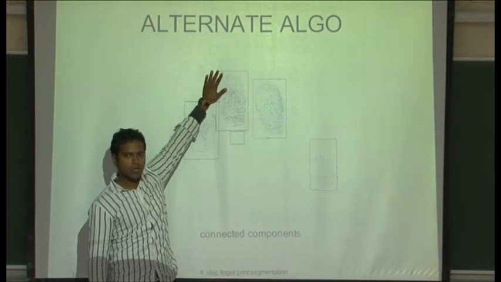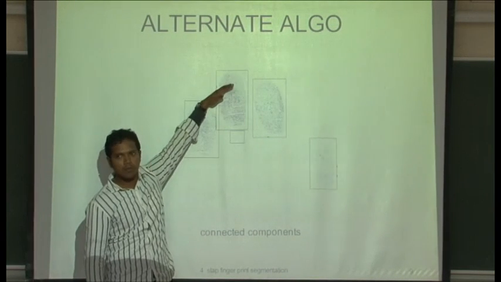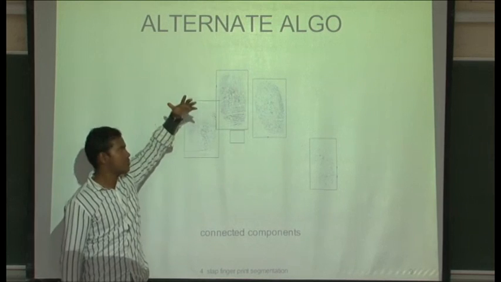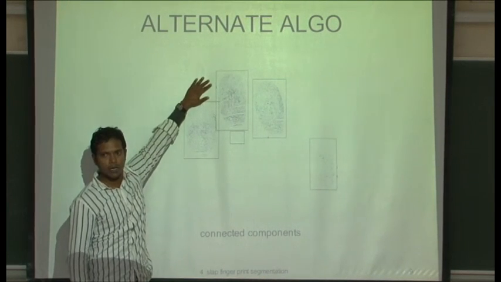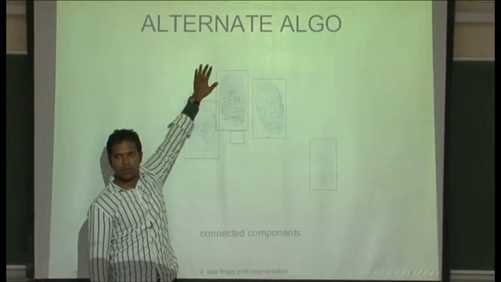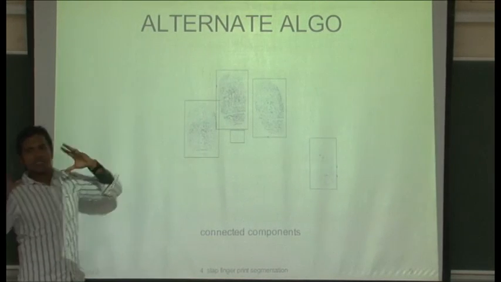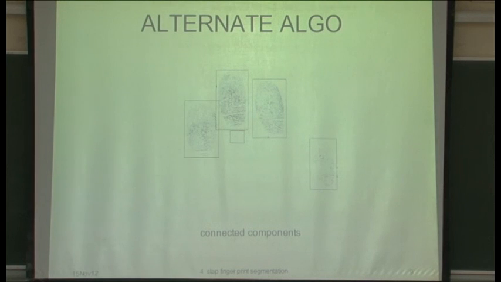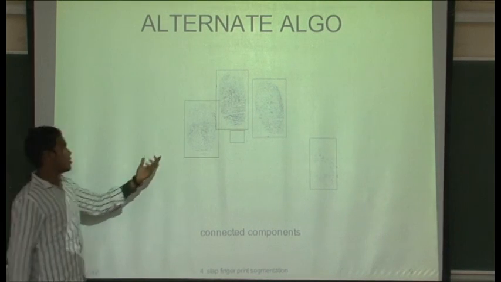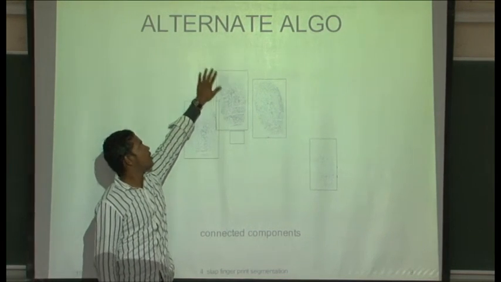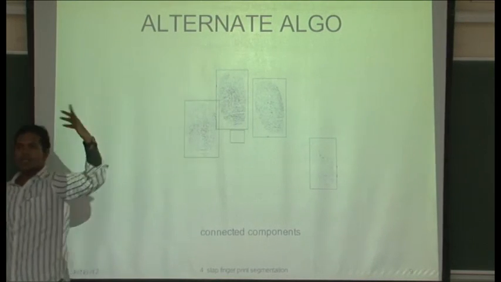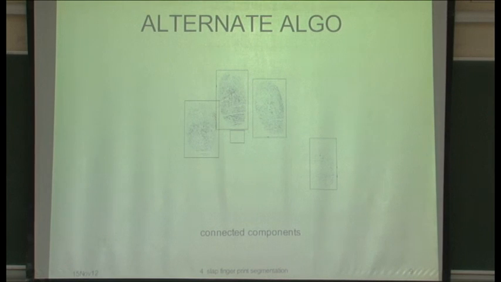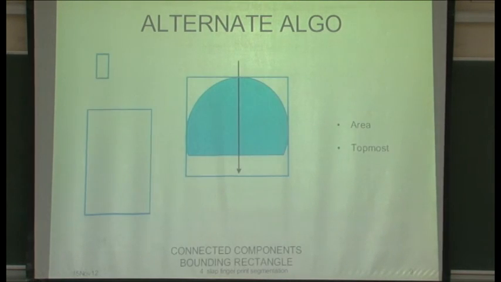So the topmost one, which is having an area greater than the average. Suppose I can have a bounding rectangle somewhere here also, which is smaller. Not the largest, it should be more than the average. If I have some point or some smudge on top of it, then if I just take the topmost bounding rectangle, that can mislead. So I can identify this finger.